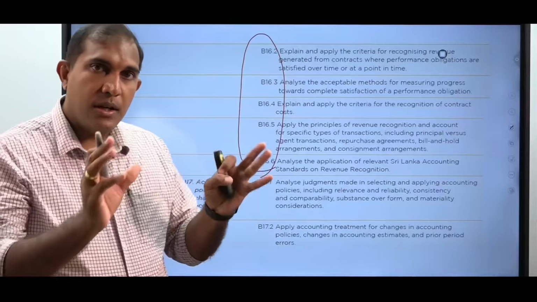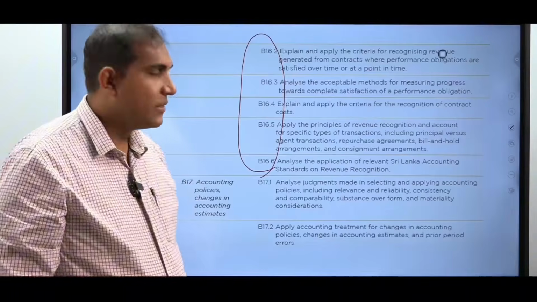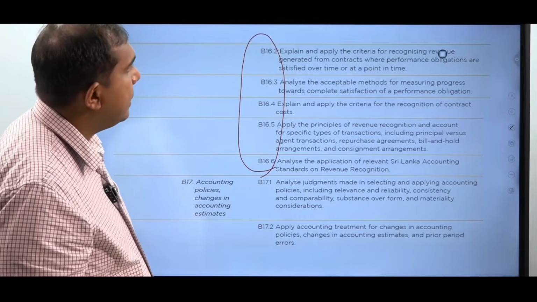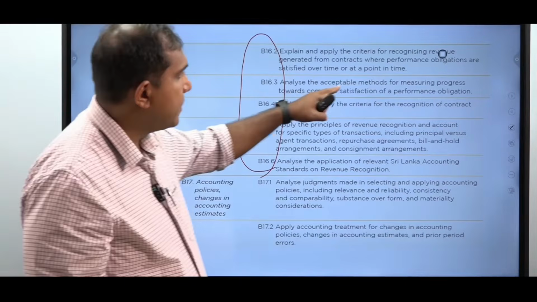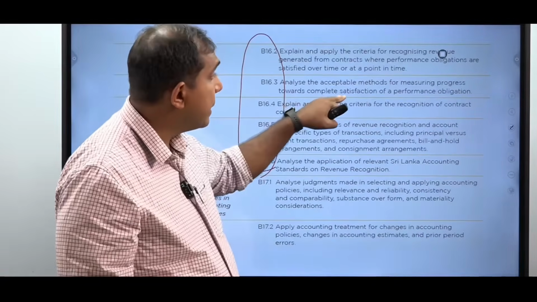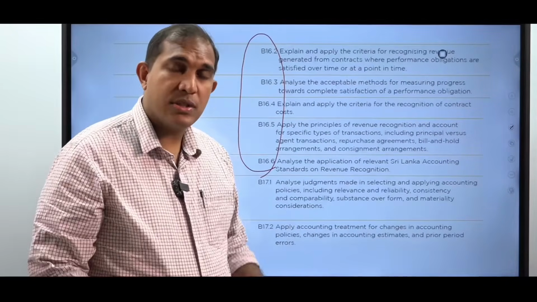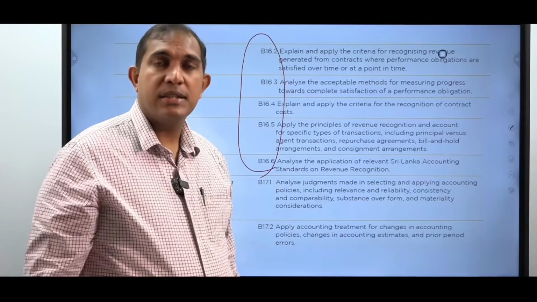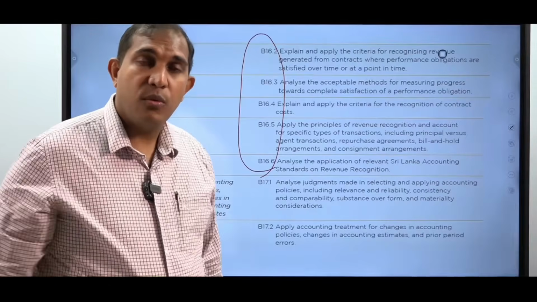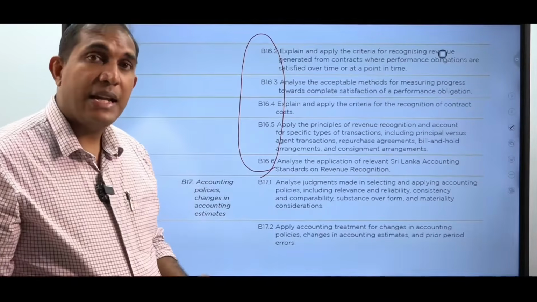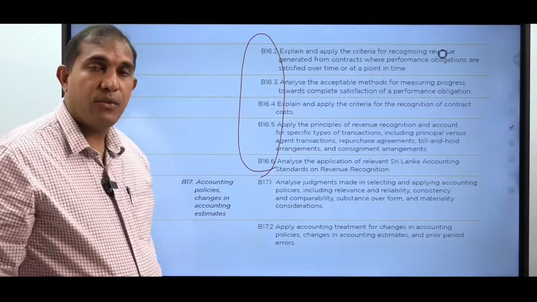That's a complex and very important standard. Criteria for recognizing revenue, analyze an acceptable method for measuring progress towards complete satisfaction of performance obligations, then transaction price need to be allocated to each performance obligation based on stand-alone selling prices. So we'll discuss them when it comes to SLFRS 15.